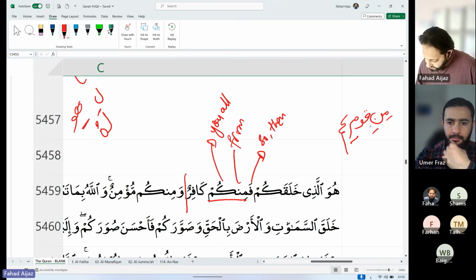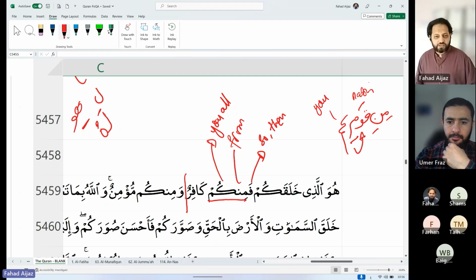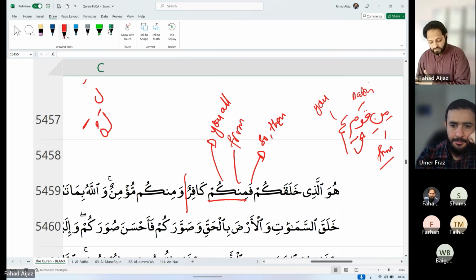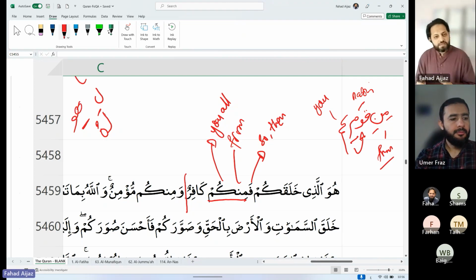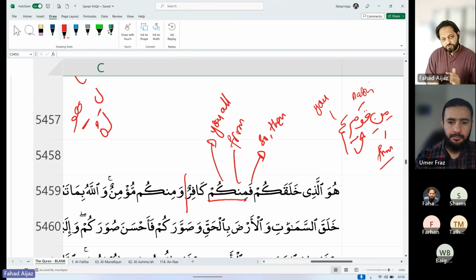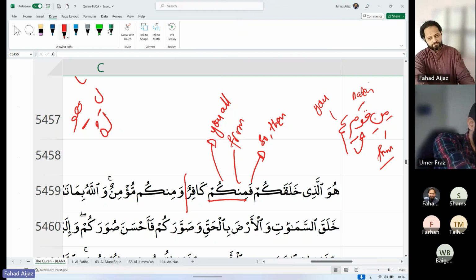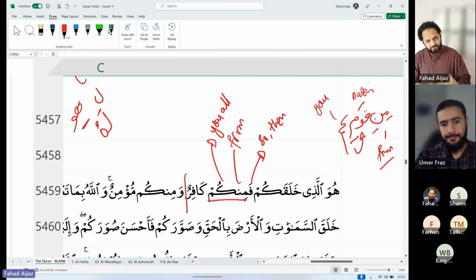Min qawmikum. Now qawmi is an ism which means nation, and kum is an attached pronoun which means your. When it is used with an ism in an idafa context, then it has to show possession, your nation, and this min would be from, right? From your nation. But in this particular case, min is just a harf, it's not an ism. You're not really showing possession here. You're just saying from you all. So there's a difference. You understand?